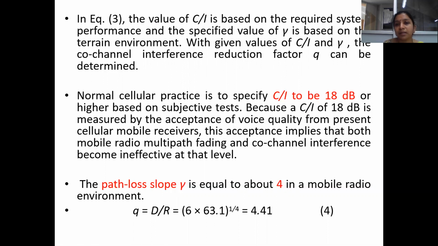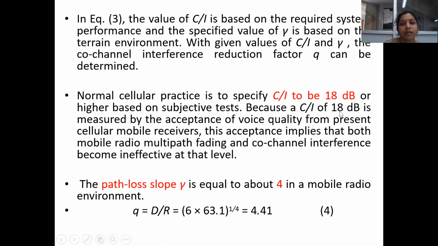Here we consider the mobile environment, where the gamma value is 4. With given values of C by I and gamma, the propagation path loss slope, the co-channel interference reduction factor q can be determined. Normal cellular practice is to specify that C by I be 18 dB or higher, based on subjective tests.